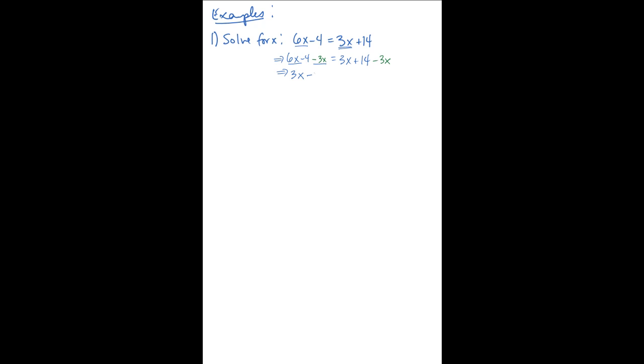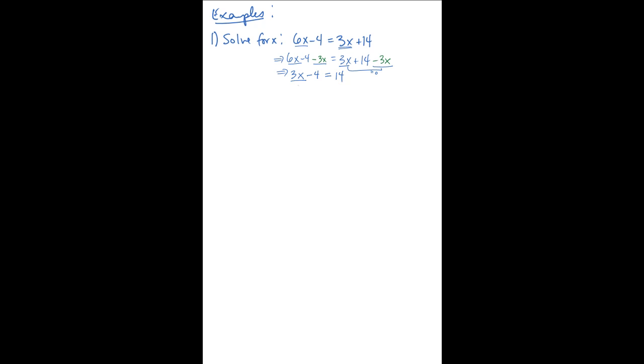I still have a minus 4 left over. On this side I have a 3x and a negative 3x. Those two come together to equal 0, so they go away, and I get 0 plus 14, so all that's left over here is 14. Now I have 3x minus 4 equals 14.